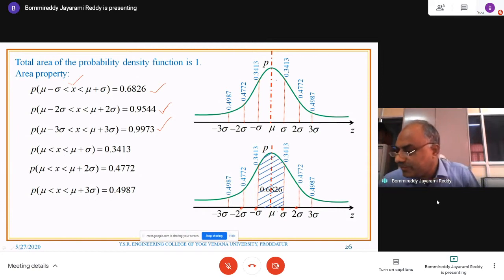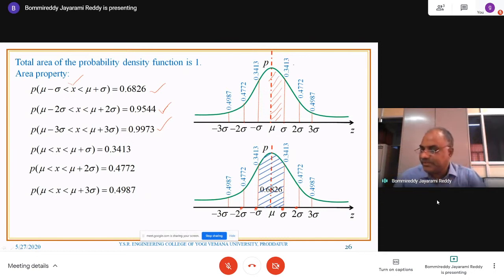So what is the meaning of it here? If you look at the top one, you can observe here it is 0.3413. That means this hatched portion area is 34.13%, or 0.3413. On either side it is 0.6826, and on only one side it is 0.3413.